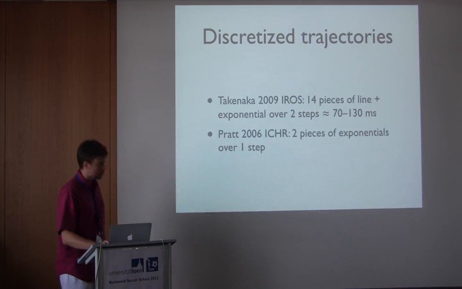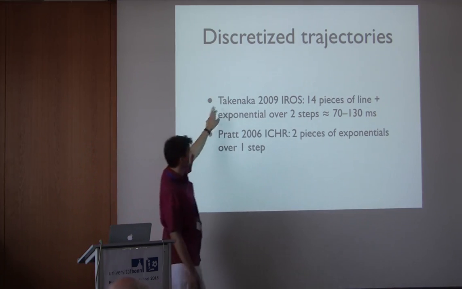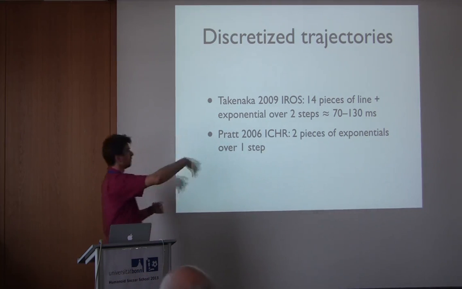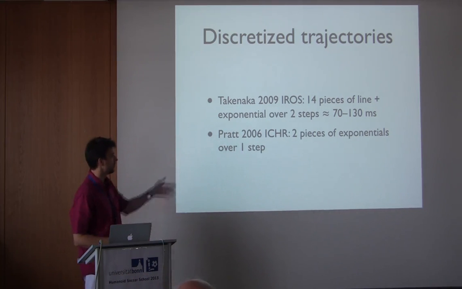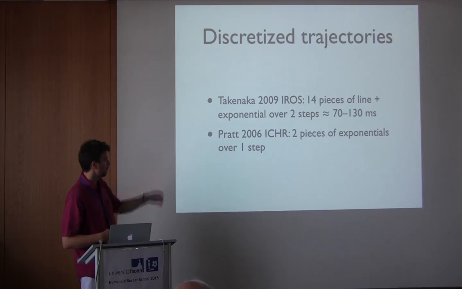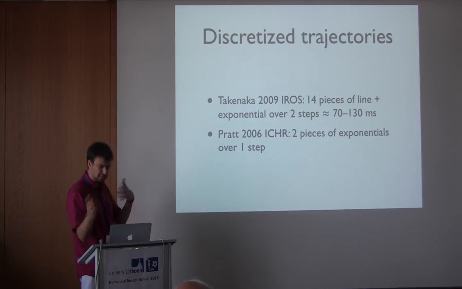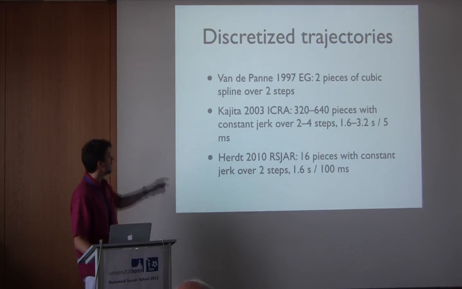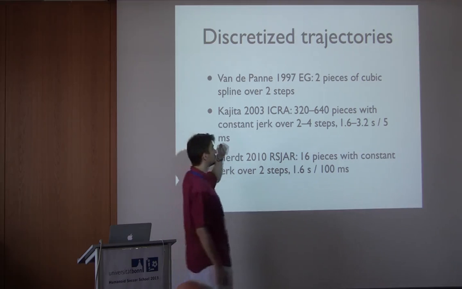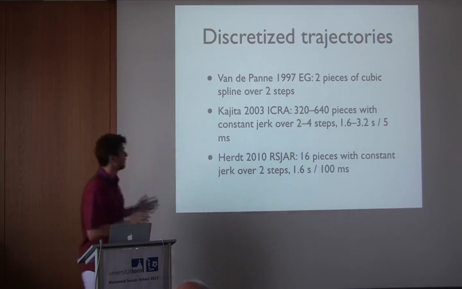Other people, so Takenaka, this is for the Asimo robot, they use these pieces of spline with exponential parts over 2 steps, so every 70 to 100 milliseconds for each piece. Jerry Pratt uses pieces of exponentials. You can see, well, general options like that. So Van de Panne, that's the graphics option, in computer graphics, uses only 2 pieces of cubic spline.